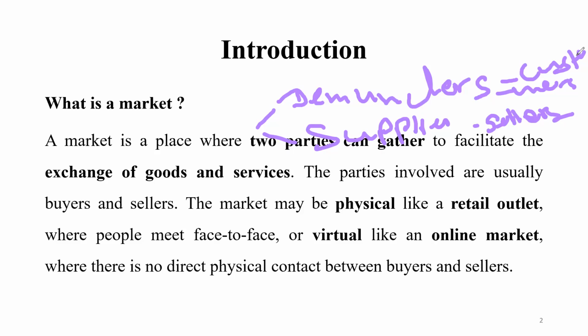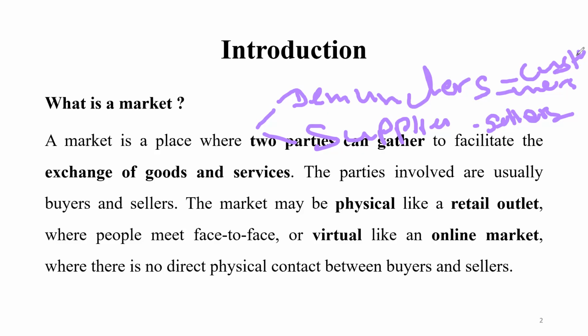The purchaser wishes to purchase that particular good or service at the price determined by the seller. The seller also wishes to sell that particular product at their determined price. So the purchaser or customer is willing to purchase, and the seller wishes to sell, and they come to a common agreement.